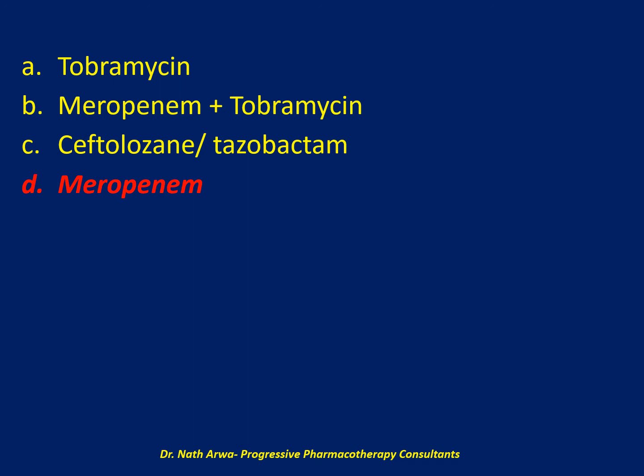I would like to add that choice B, that is meropenem plus Tobramycin, is incorrect because the pathogen is susceptible to meropenem and this patient is not in septic shock, so monotherapy would do.